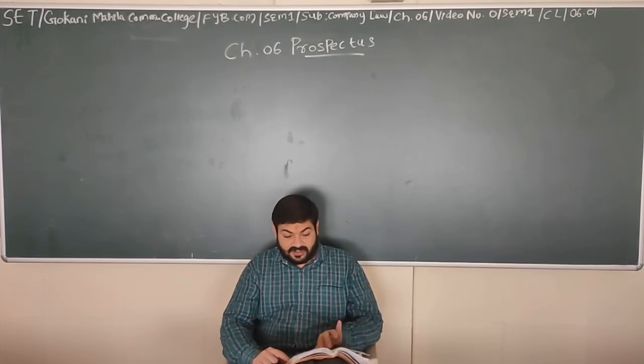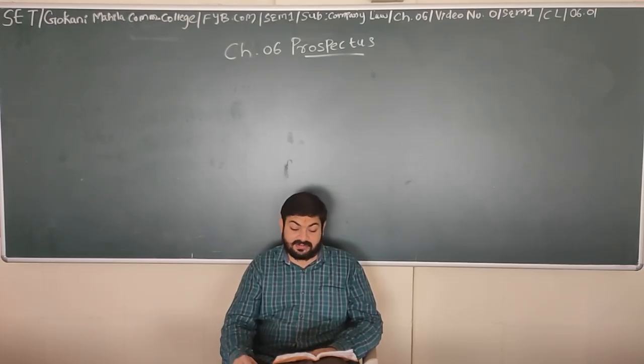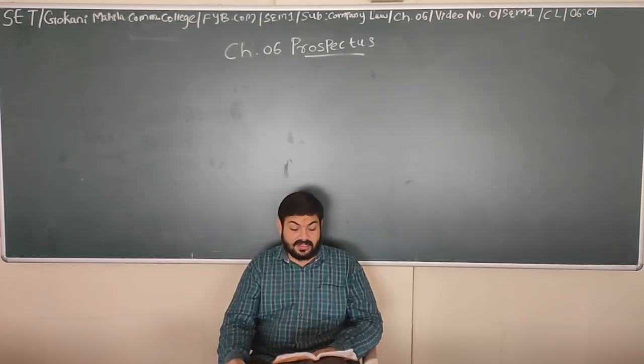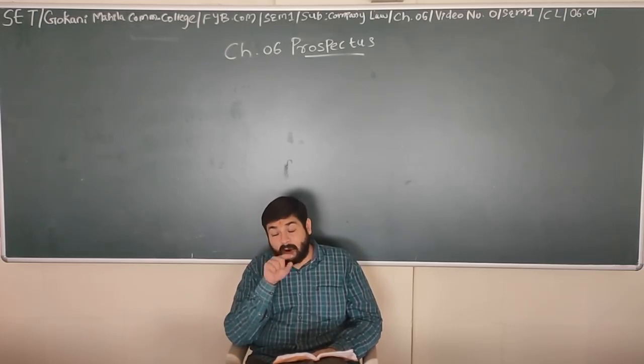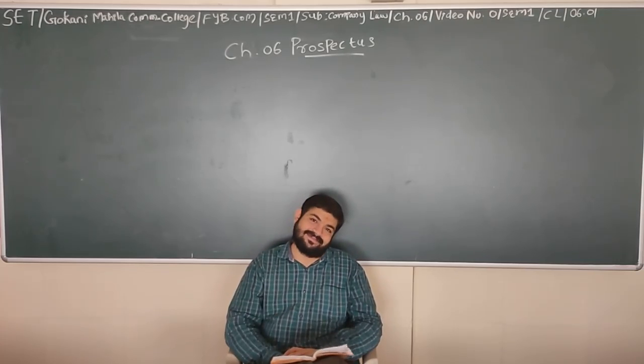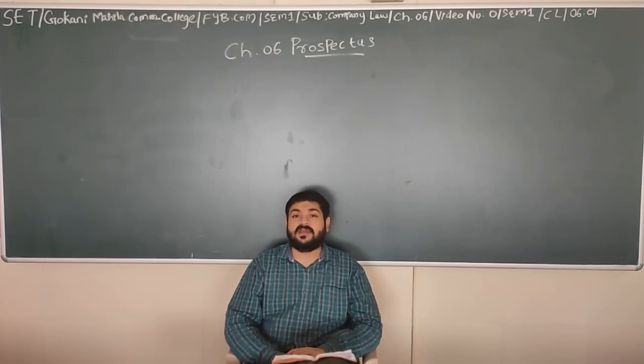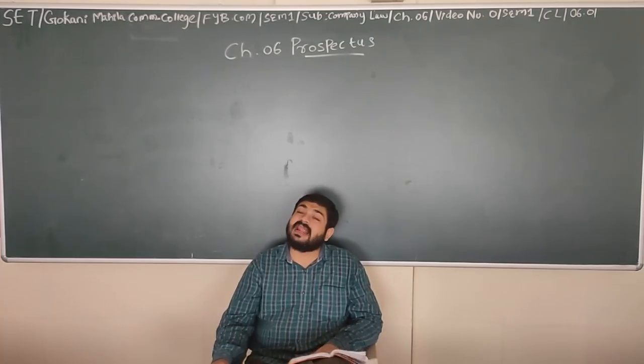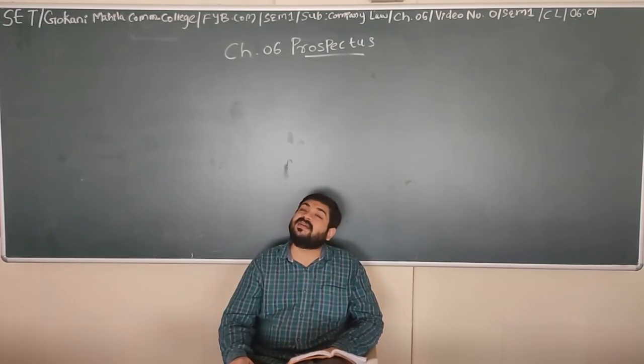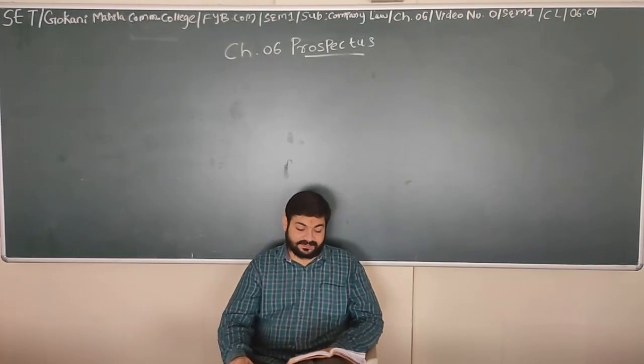In other words, after incorporation, the company invites the public to purchase its shares and debentures by a circular, which is called a prospectus. It is one kind of circular, information or notice for purchasing shares and debentures.